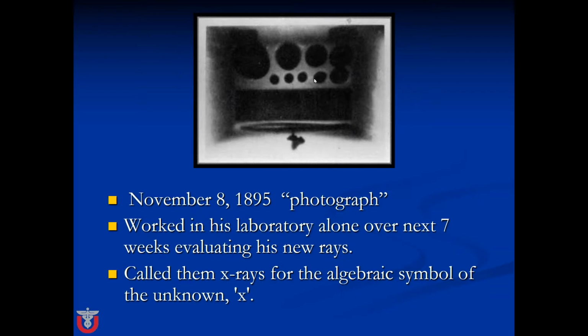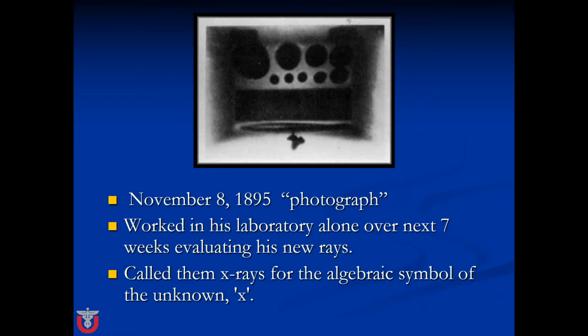And he looked at that piece of film and lo and behold, he had this kind of shadowy photograph. So he thought this was really something pretty interesting. And so he shut himself up in the lab and started working on this. And he had no idea what this was. And so he just called it X because for the algebraic unknown, and that's where we get the name X-ray.